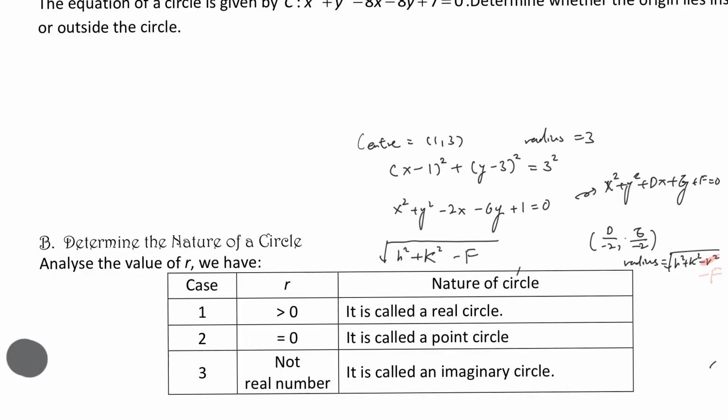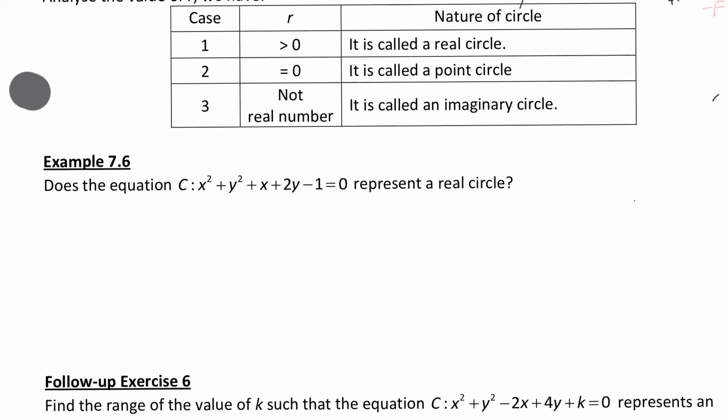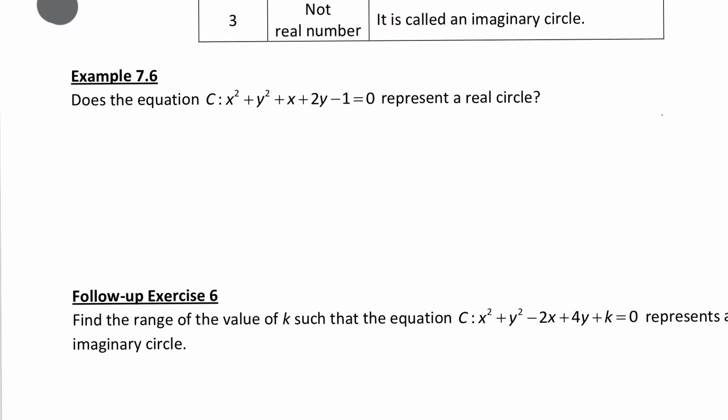So if we want to determine the nature of a circle, for example, example 7.6, I want to determine if it is a real circle. First of all, you need to find the center. The center is equal to (-1/2, -1).